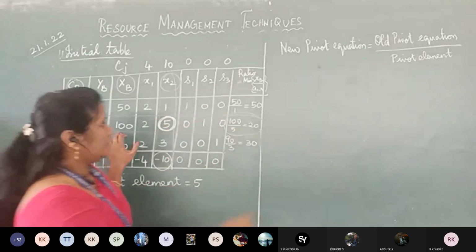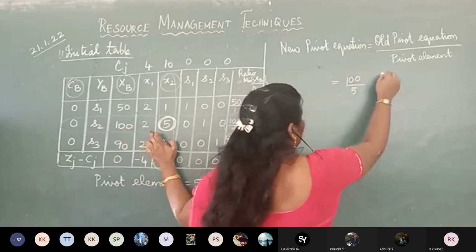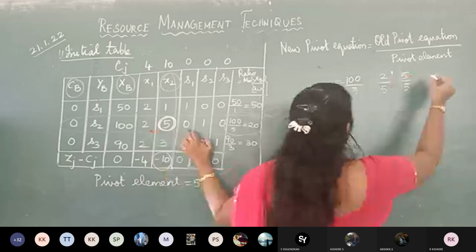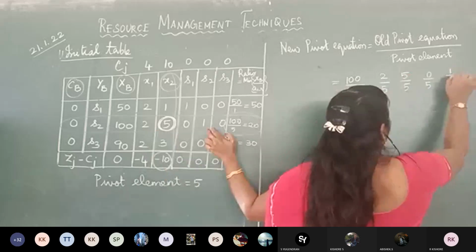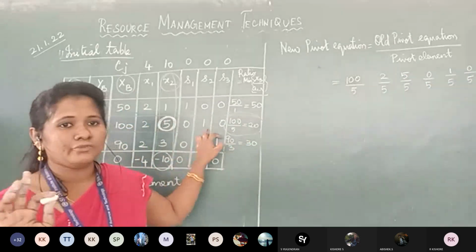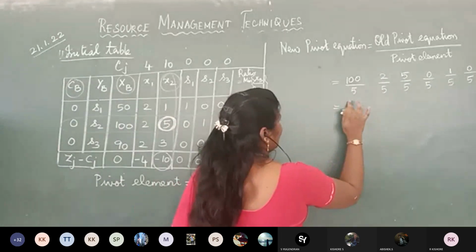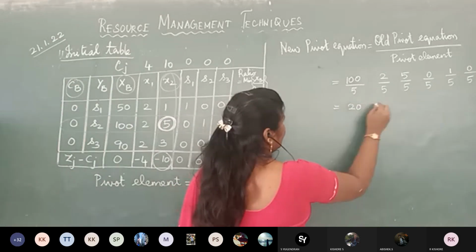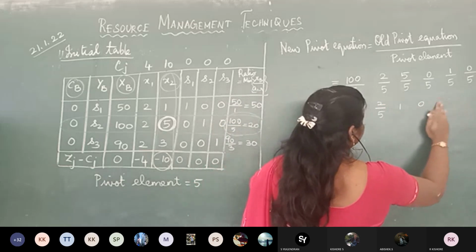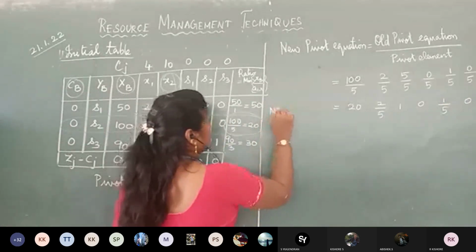So it will become 100 divided by 5, 2 divided by 5, 5 divided by 5, 0 divided by 5, 1 divided by 5, and 0 divided by 5. So I'm dividing throughout by your pivot element, which is 5. So that equation will become 100 by 5 is 20, 2 by 5, 1, 0, 1 by 5, and 0. So this is your new pivot equation.